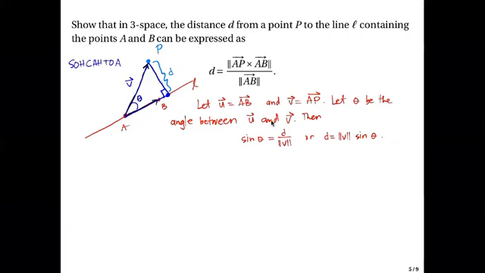But let us rewrite this. Now, the distance D, which was norm of v sine theta, we rewrite as norm of u times norm of v sine theta divided by norm of u. So we just multiply and divide by norm of u.